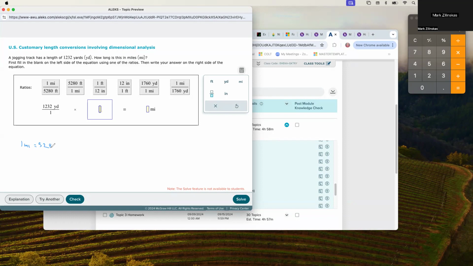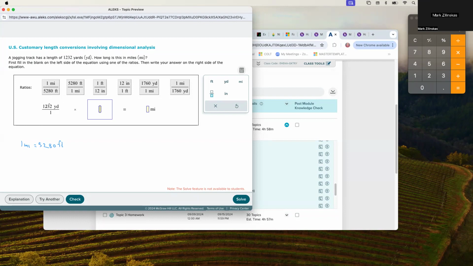Notice that if I divide both sides by 1 mile, I'm going to get this one here, and that's just going to be equal to 1. Or if I divide both sides by 1,760 yards, I'm going to get this ratio over here. So what I'm saying is all these ratios are equal to 1.